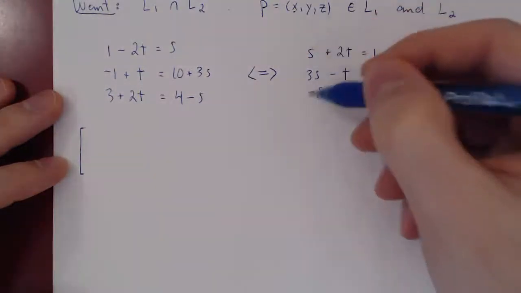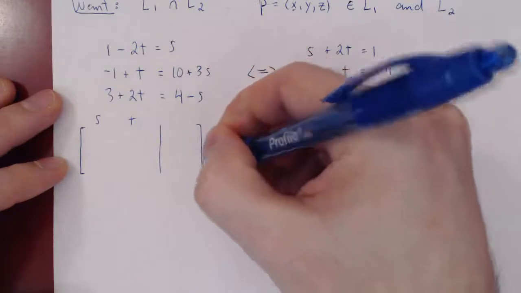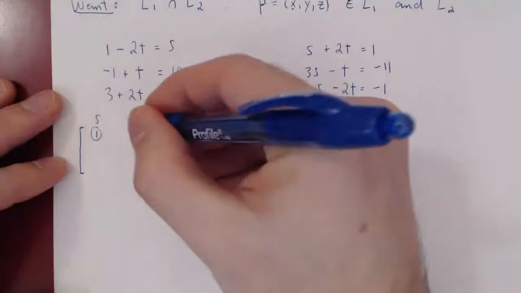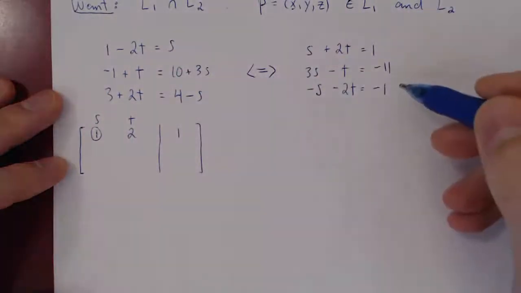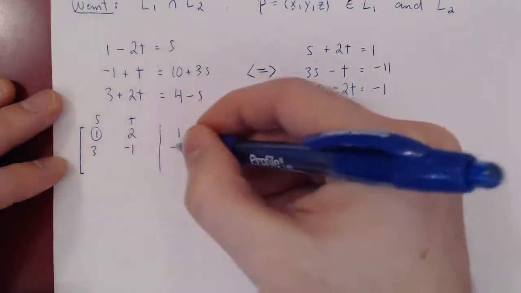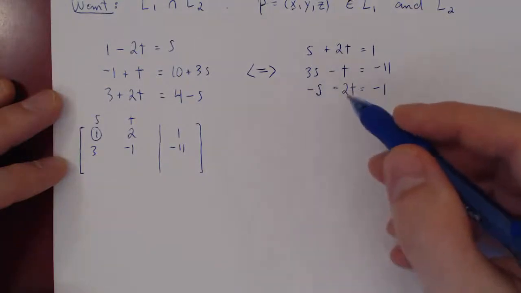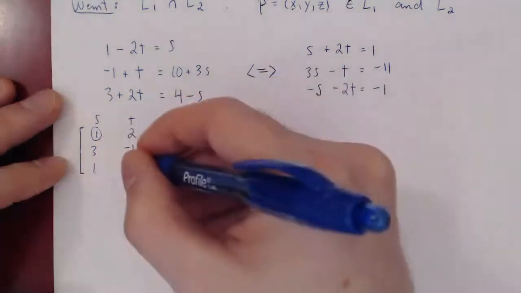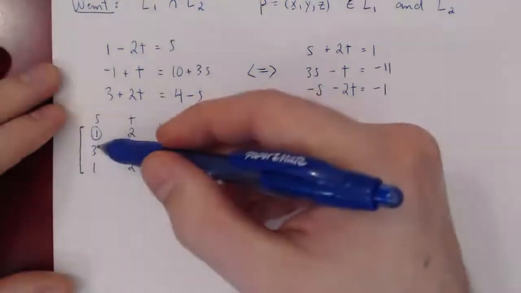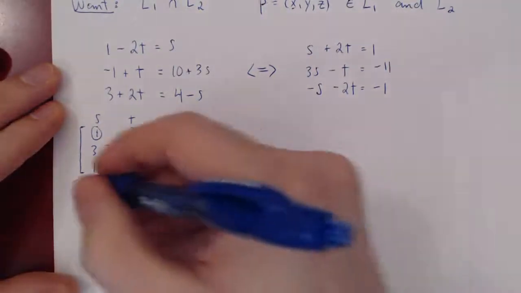Keeping in mind s for the first column, t for the second, we'll have 1, 2, 1, our first leading 1. 3, negative 1, negative 11. And here I'll negate this row, and it will become 1, 2, 1. Well, let's do row 2 minus 3 row 1, row 3 minus row 1.